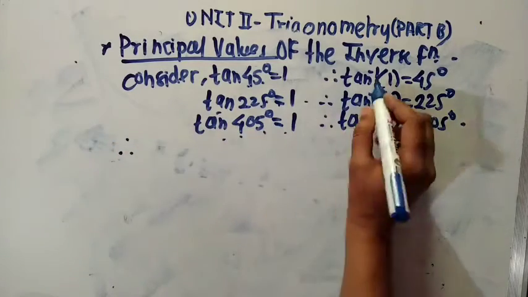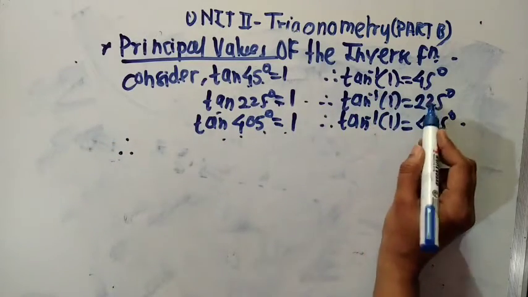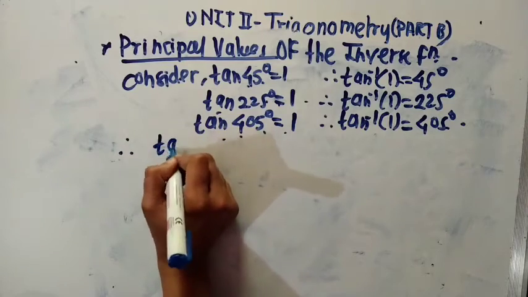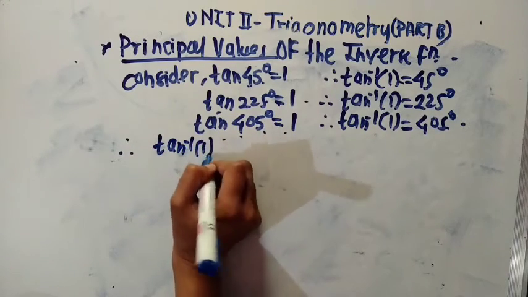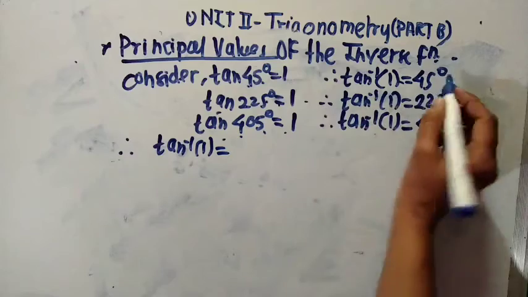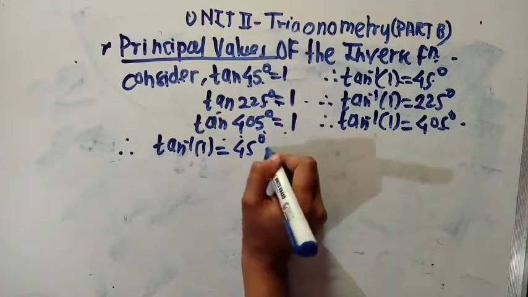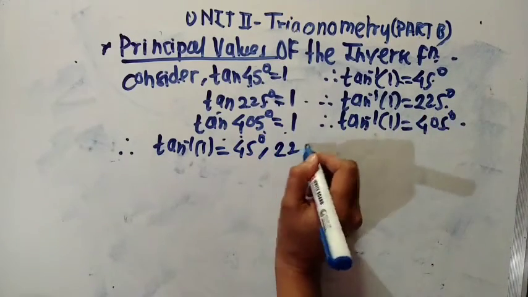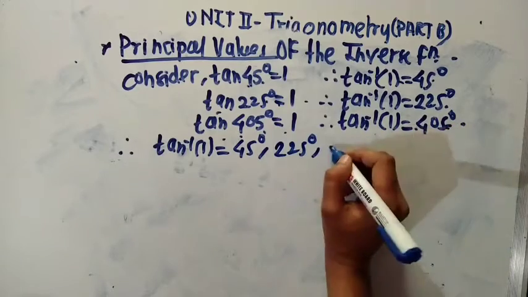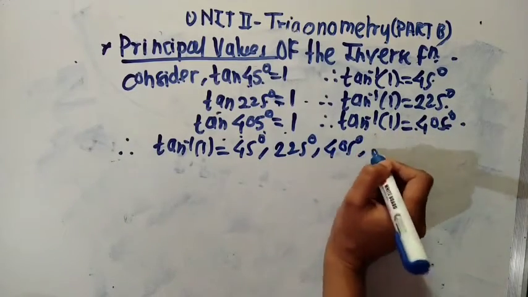Hence we observe that tan inverse of 1 has 3 values: 45 degree, 225 degree and 405 degree, and so on.